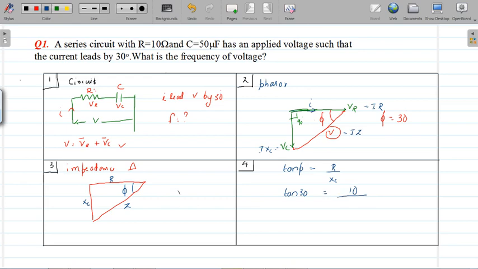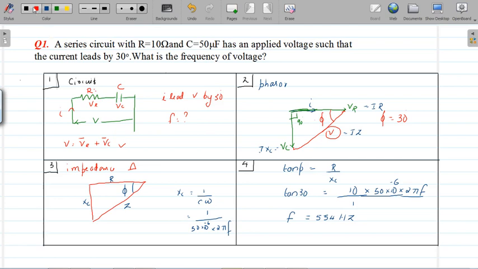XC is 1 by C omega, which is 1 by 50 times 10 raised to minus 6 times omega, and omega is 2 pi F. So it is 1 over 50 times 10 raised to minus 6 times 2 pi F. Solving the above equation, we get the frequency equal to 554 Hertz.